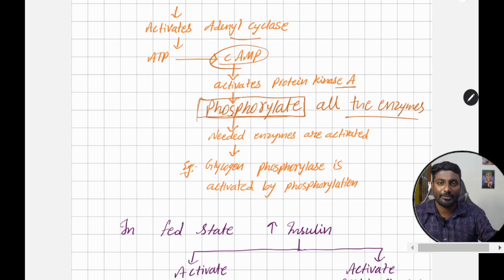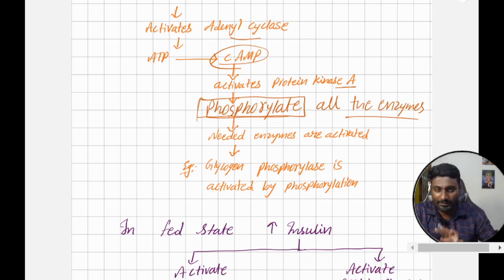Glucagon phosphorylation, insulin dephosphorylation. So glucagon will activate the enzymes of the fasting state by phosphorylating them. Okay, it will phosphorylate and it will activate. Insulin will activate the enzymes of the fed state by dephosphorylating them.